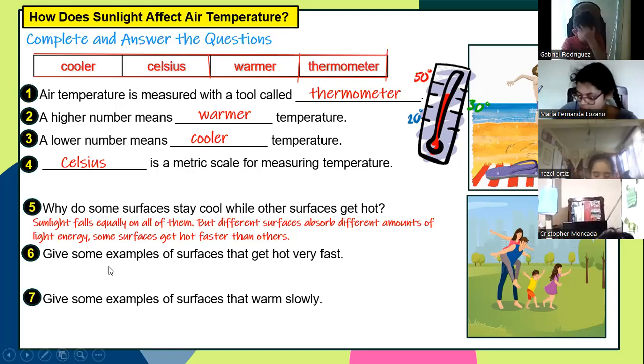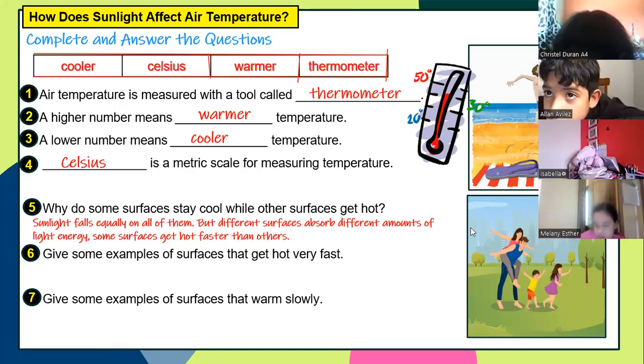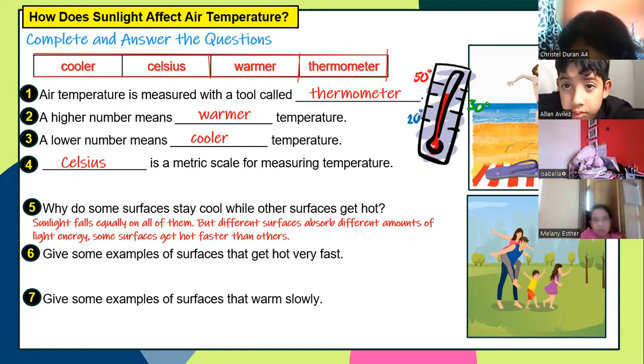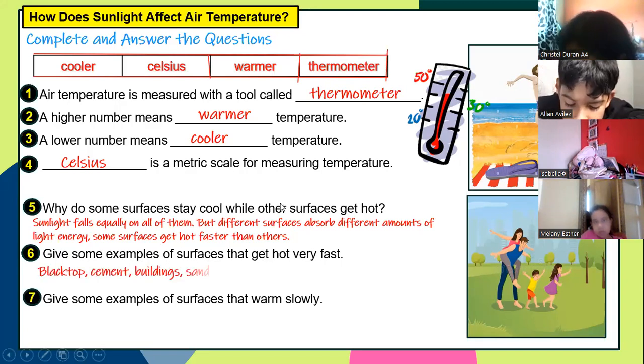Now, the second one gives some examples of surfaces that get hot very fast. What are they, Maria Jose? For example, it's a sunny day and you're near a pool. Then you step near the pool and it's too hot because the sun is looking. It says, give some examples of surfaces.